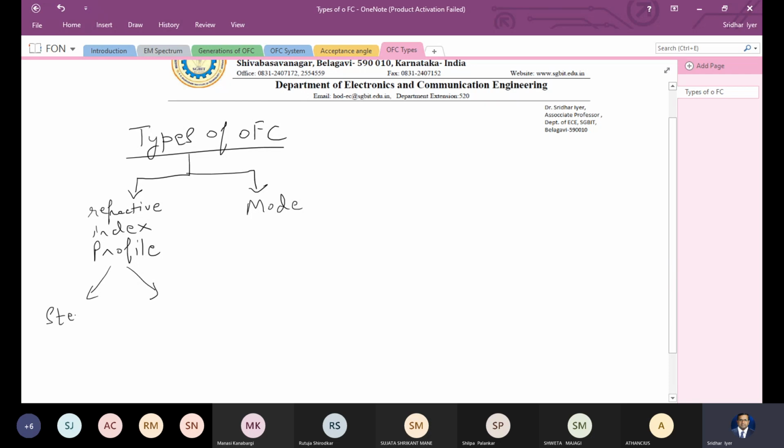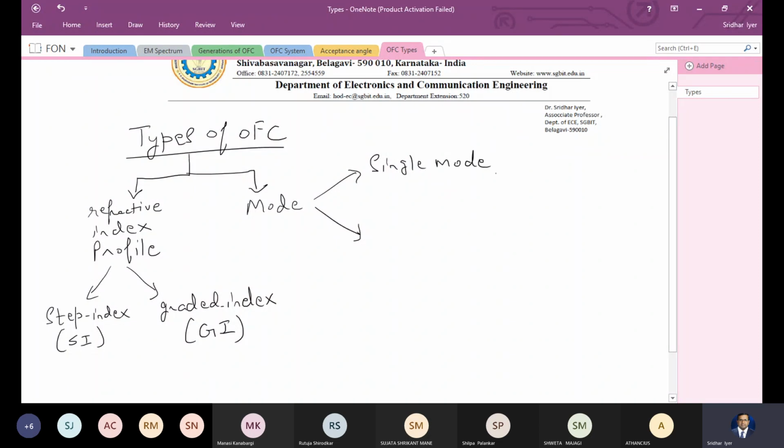One is known as the step index fiber, in short SI. The other is graded index fiber, in short GI. If we separate in terms of mode, we have two types. We could have single mode fiber, in short SMF, and the other is multi-mode fiber, which is MM.